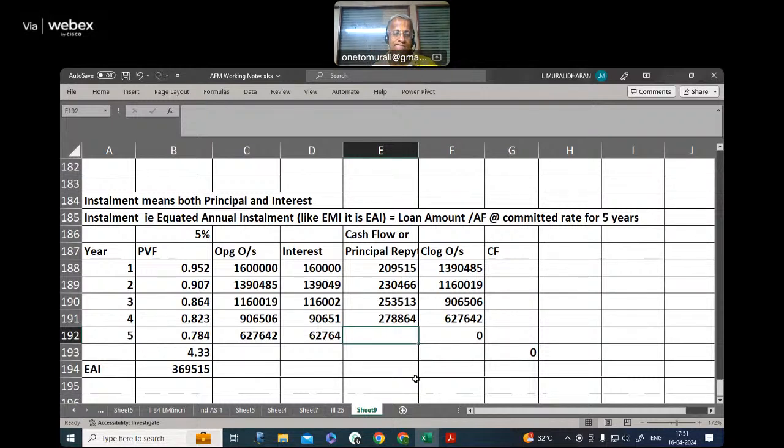No, here it has just gone wrong. Interest is 5%, correct.